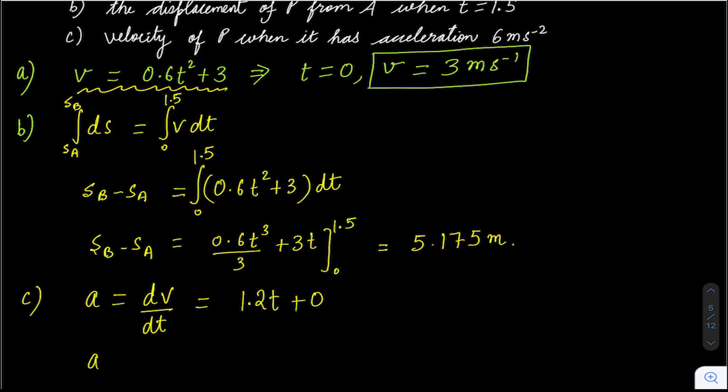So my acceleration is given as 6. So obviously 6 will be equal to 1.2 times t, right?